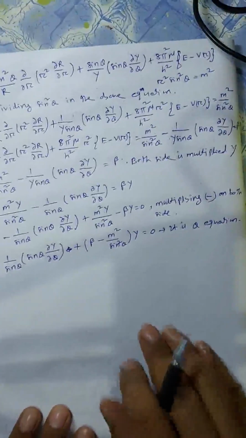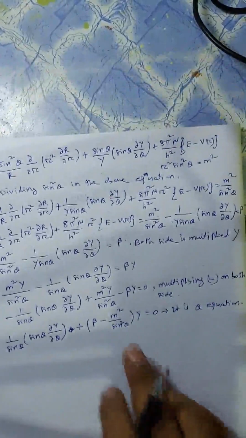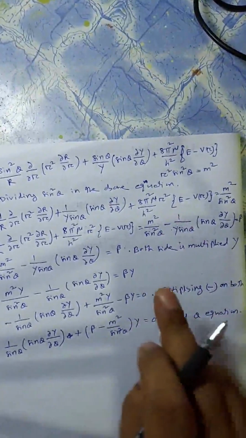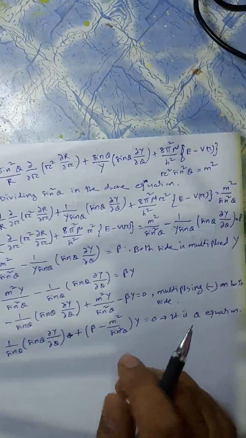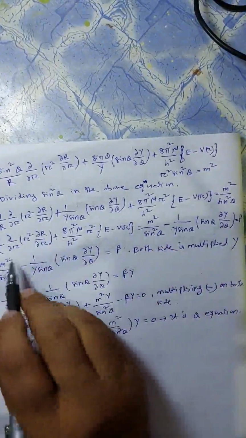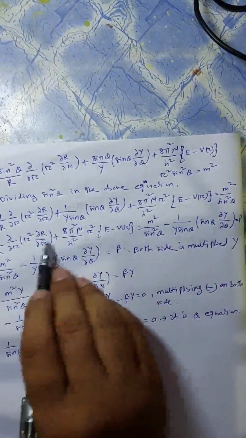Okay. Similarly, we have to find out the radial wave equation. This is the theta equation. We already found the phi equation. Next is the r equation, the radial wave equation.